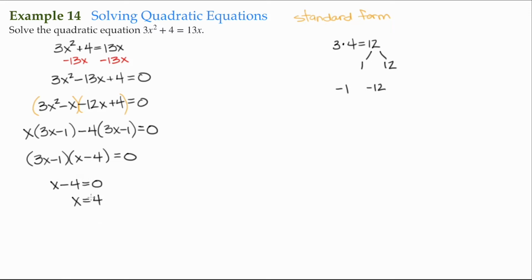So we'll check it. And I like to check it in the original equation as it's presented to us. So we'll go 3x squared, if x is 4, plus 4, does that equal 13x? 4 squared is 16. 3 times 16 is 48. 48 plus 4.